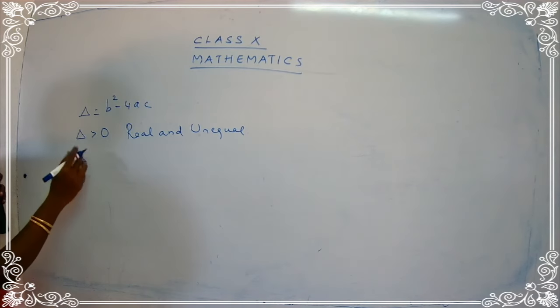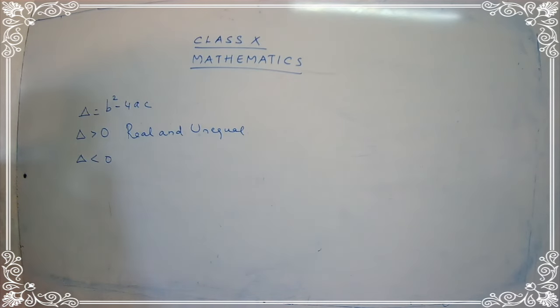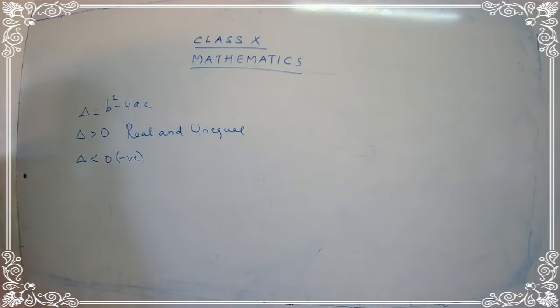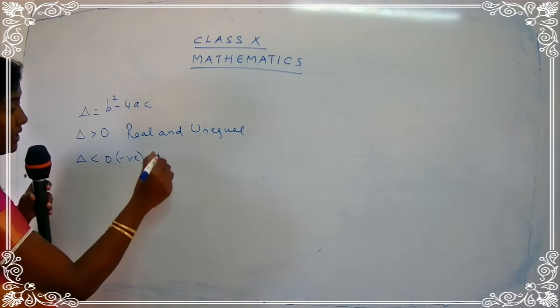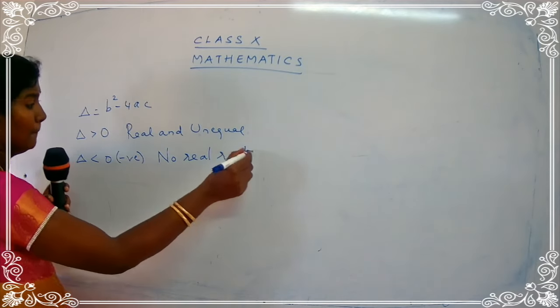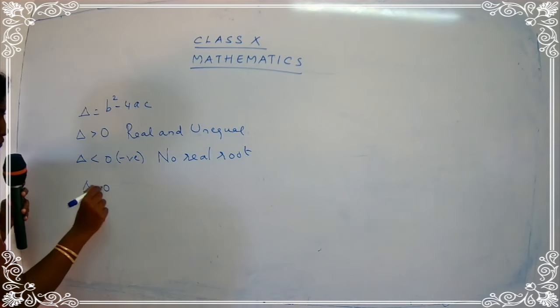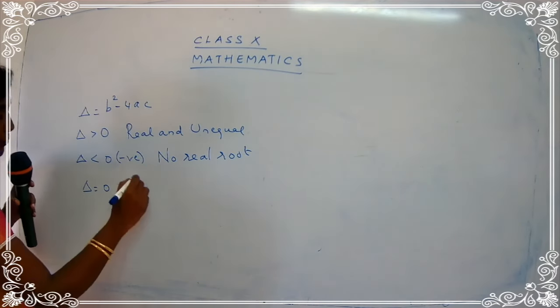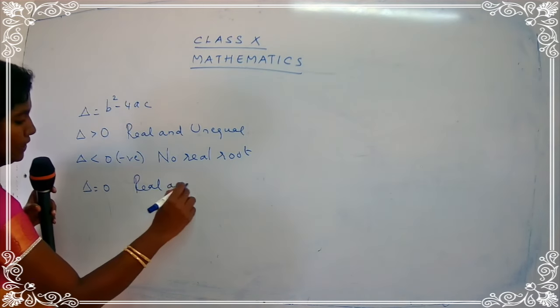If you get a delta value which is less than 0, that is, if you get a negative answer, what type of nature do you have? It's no real root. One more thing. If the value for delta is equal to 0, we say that the nature of the root is real and equal.